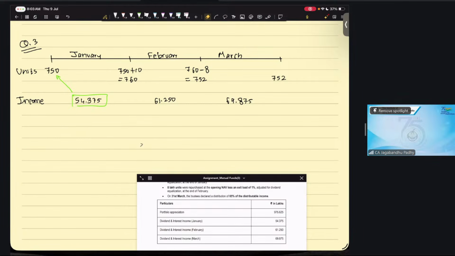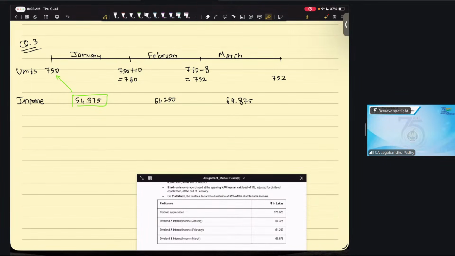So when an investor is coming by the end of January, he is actually not entitled to any of the income. But when the income is distributed later on, he'll be getting a share of it.